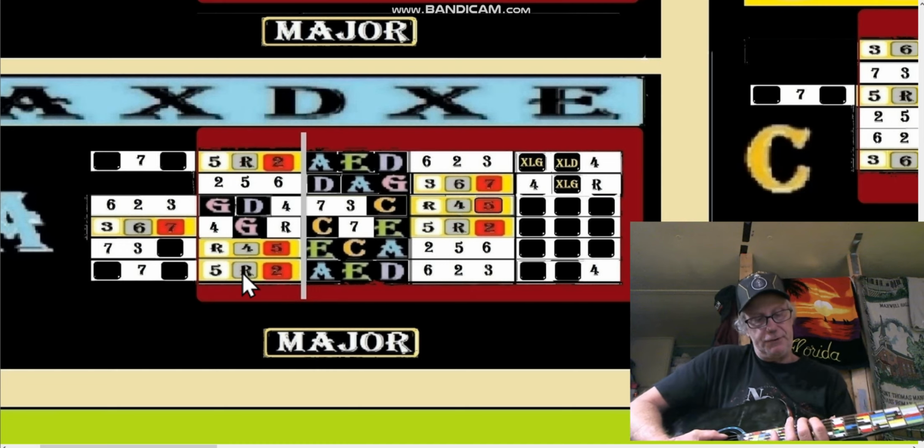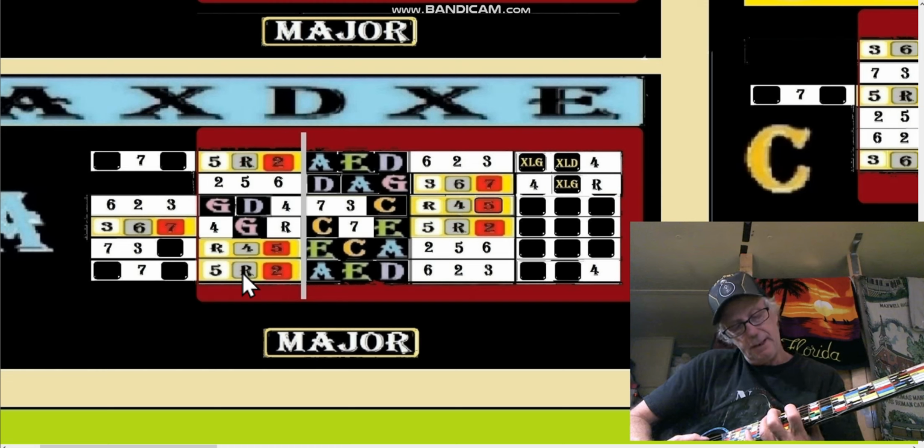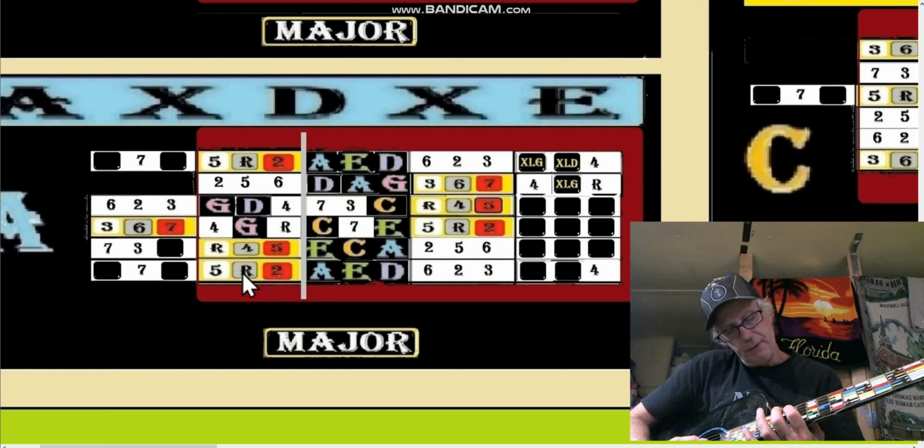There are two aliases. There's the E aliasing with the C, and then there's the D aliasing with the C, 2, 3, 4 with the D.